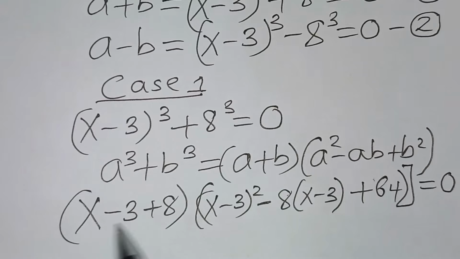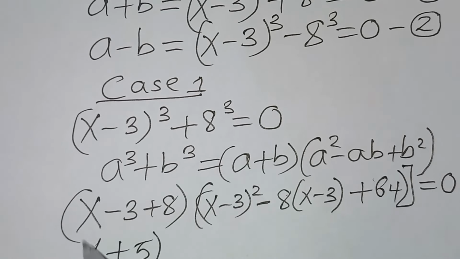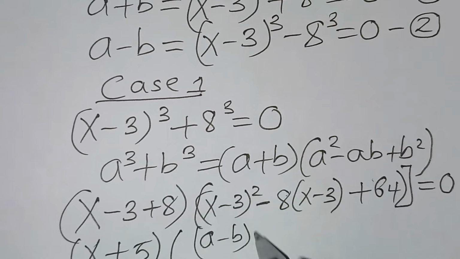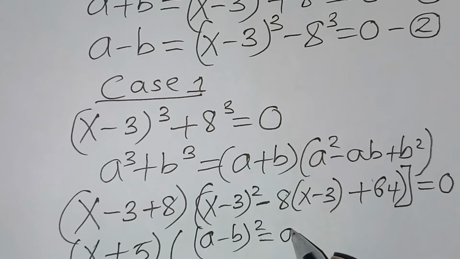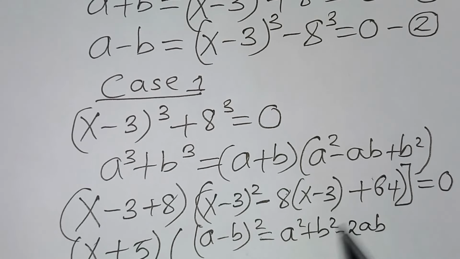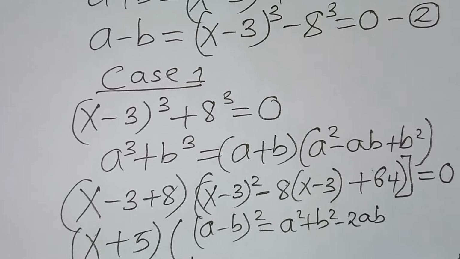So here we have x − 3 + 8, so this is x + 5. And here we have (x − 3)², which is in the form of (a − b)², which we can express as a² + b² − 2ab. Applying this algebraic identity, we'll have x + 5, this is the first part, equal to 0.